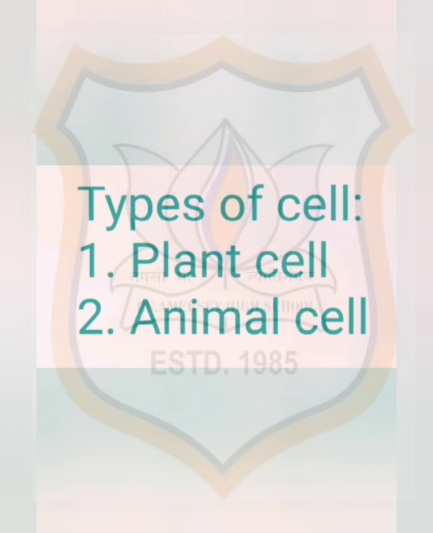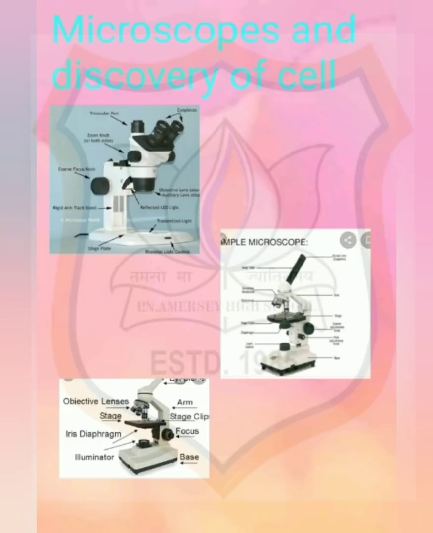Let us discuss. So, students, cells were first discovered by Robert Hooke in 1665. He observed the cells in a cork slice with the help of a primitive microscope. Later on, in 1674, with the help of an improved microscope, a scientist discovered free living cells in pond water for the first time.